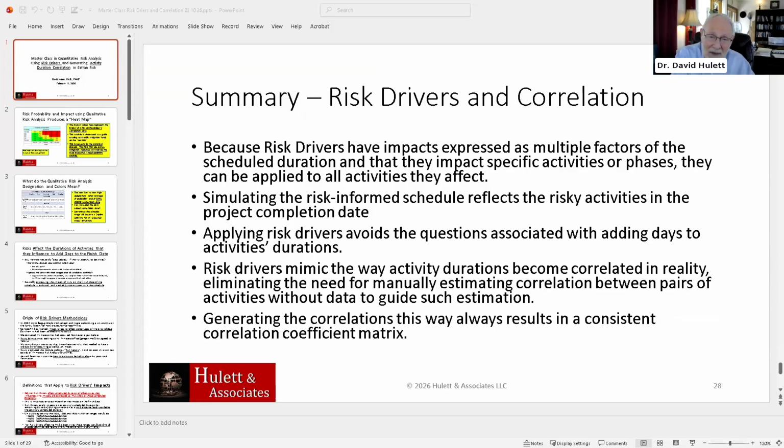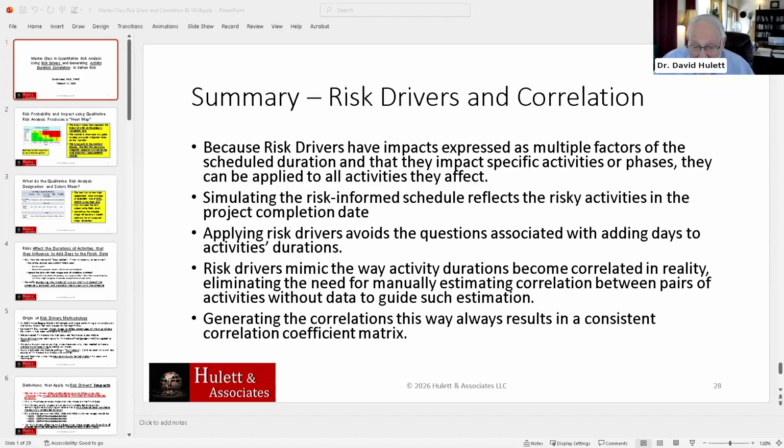So in summary, because the risk drivers have impacts expressed as multiplicative factors of the scheduled durations and they impact specific activities or phases, they can be applied to all activities they affect. All of a sudden, you have a bunch of activities whose distributions, whose durations, are correlated.